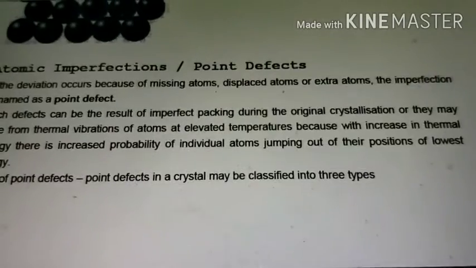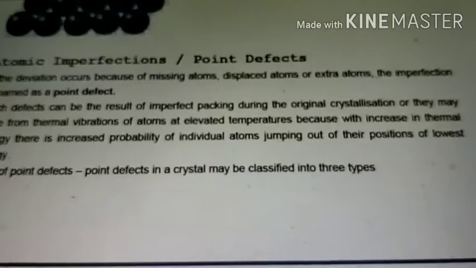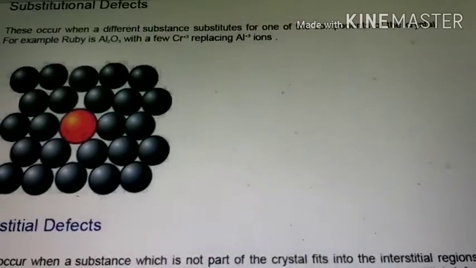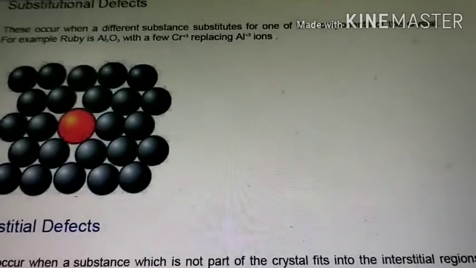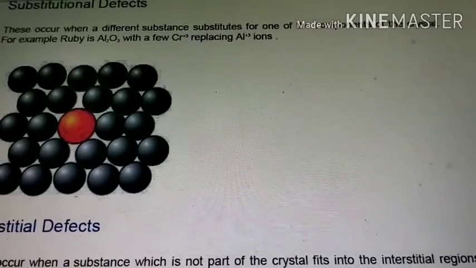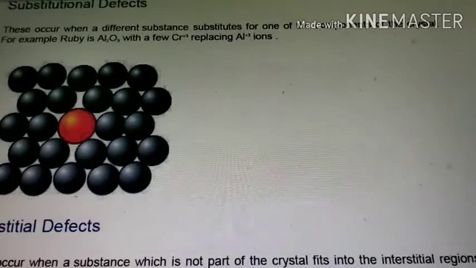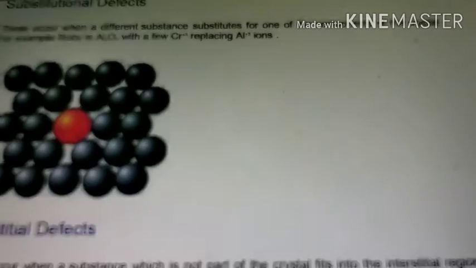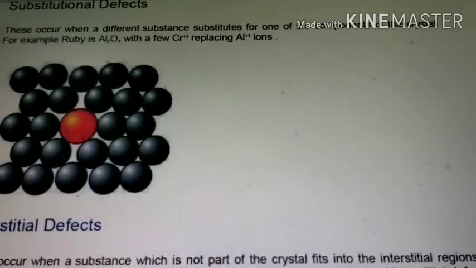According to this, they are called point defect, line defect or planar defect. The defect which occurs at a point is called a point defect. The defect which occurs along a line is called a line defect. There are defects which occur along surfaces, or planar defects.